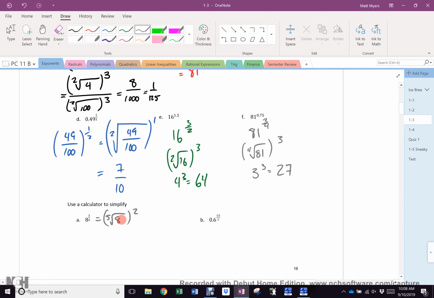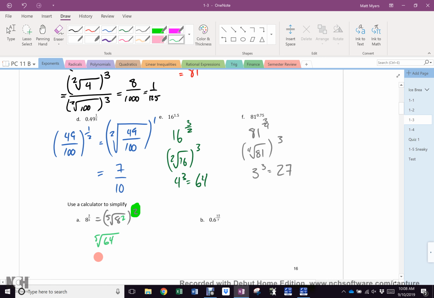So this is where we have to recognize that 2 can live in 2 different places. It can live there, or it can live under there. So if it's under there, then I get the fifth root of, what is 8 squared? 64. And that does have a fifth root, doesn't it?